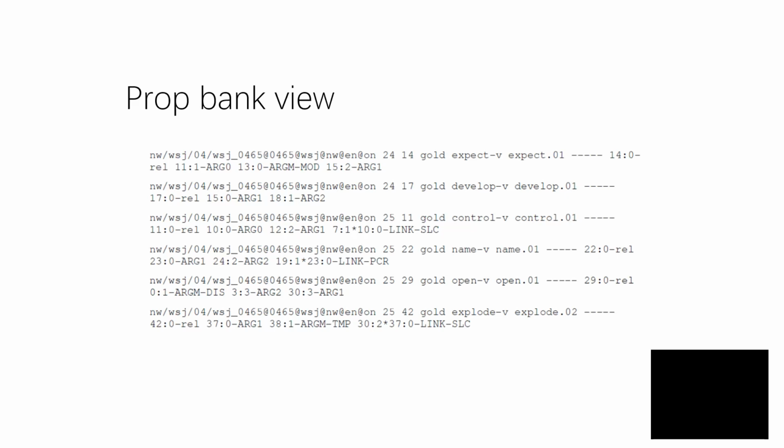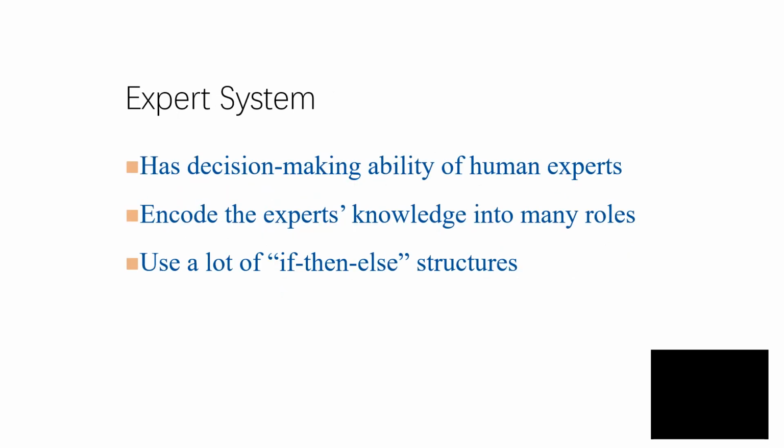Argument 2 is sometimes also a patient, and sometimes we have argument 3 and argument 4. There are some modifiers, some arguments that describe the verb. And we also have this ARGM, which means some modifiers that are related to this verb.